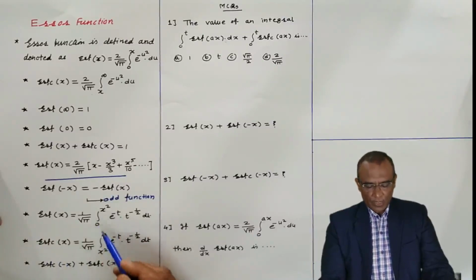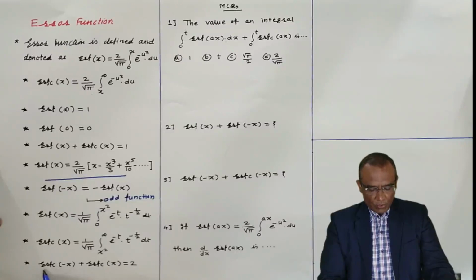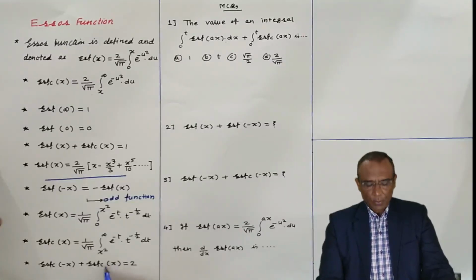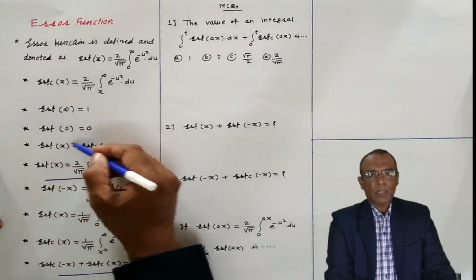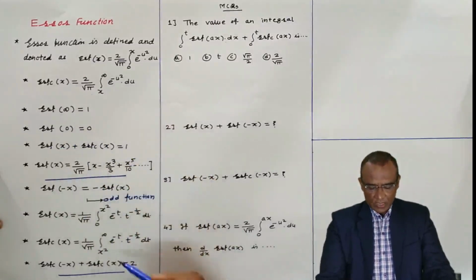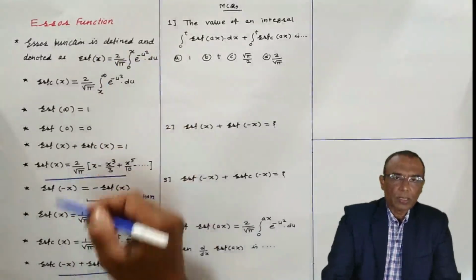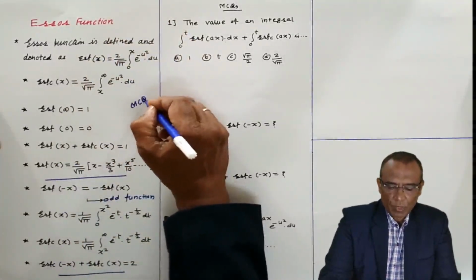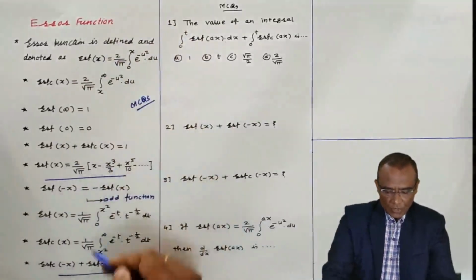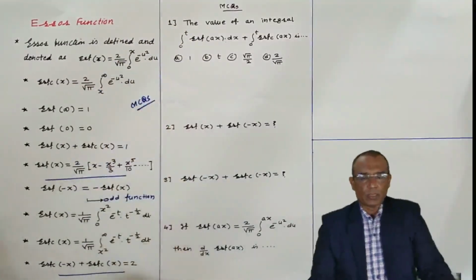Here 0 to x square and here x square onwards. One more result, complement of error function of minus x plus complement of error function of x is 2. This can be easily proved. Use this result, replace x by minus x, and eventually you will get 2. So all those results are important as MCQs. One of the MCQs may be asked on these results.